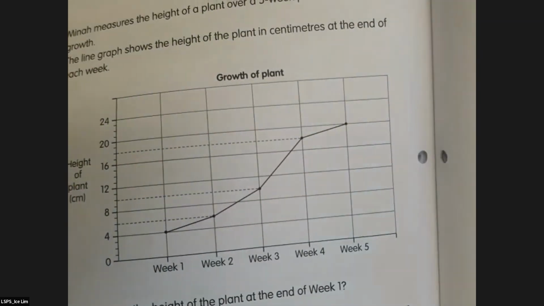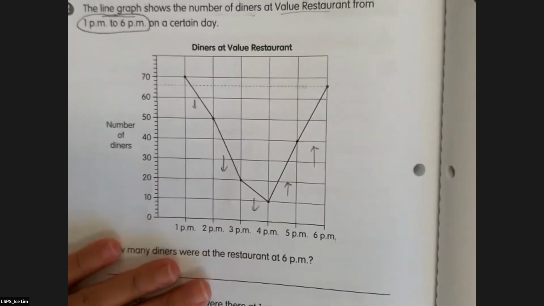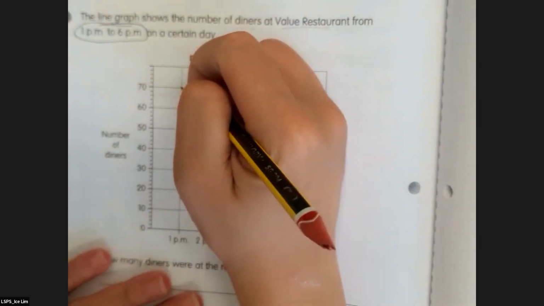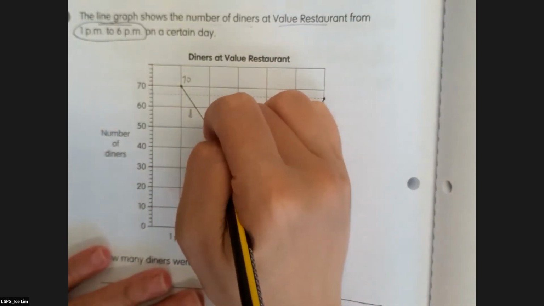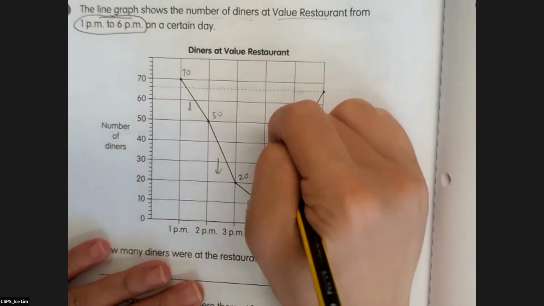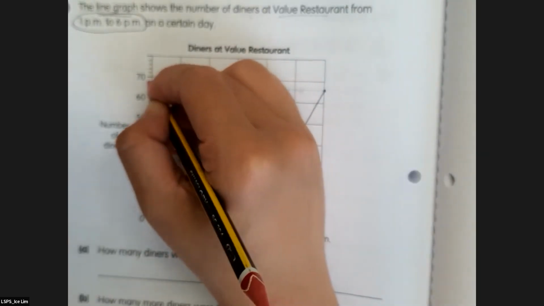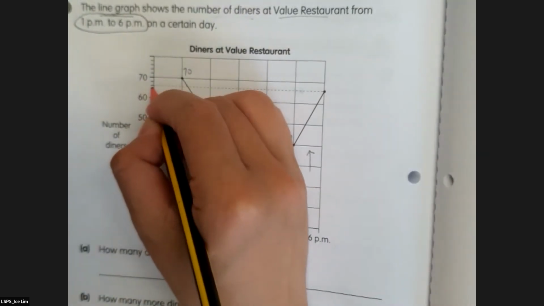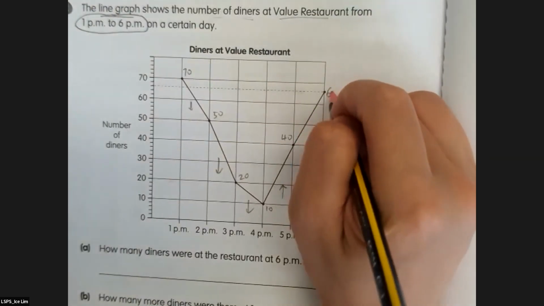Like for example, this one has no numbers on the graph. To help, I will put in the numbers: 70, 50, 20, 10, 40, and then here you have 60 to 70. I need to go 2, 4, 6, 8, 10. So it's 66.